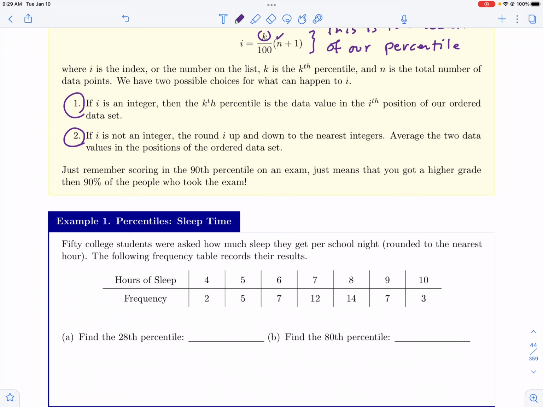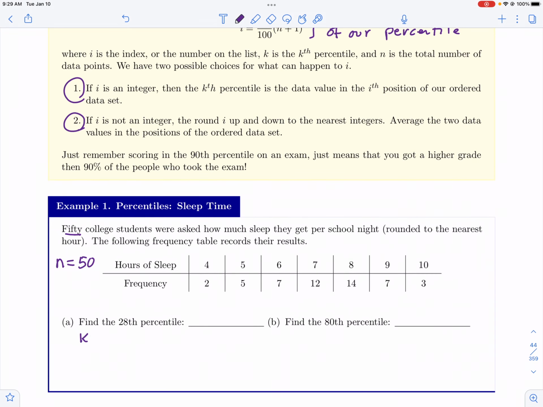With this one, we've got 50 college students, so our N is 50 for both of these problems. For our 28th percentile, we let K equal 28. Plugging this into the formula, we get 28 over 100 times 50 plus 1.